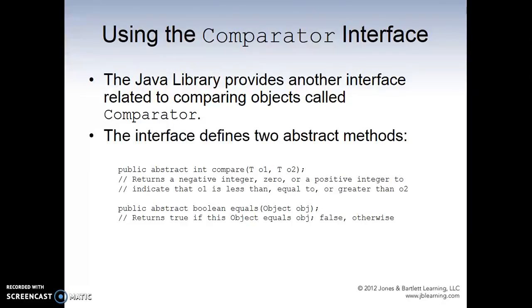It defines two abstract methods. compare(o1, o2) returns a negative integer, 0, or a positive integer, indicating o1 is less than o2 when it's negative, equal when it's zero, and greater than o2 when it's positive. The other one is equals, which returns either true or false.